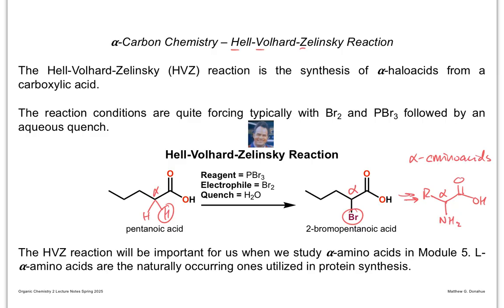So what can I say about the mechanism? These are acidic conditions, so it's going to proceed through an enol. And then the Br2 is the electrophile that reacts with the enol. So not much more I want to say about that.